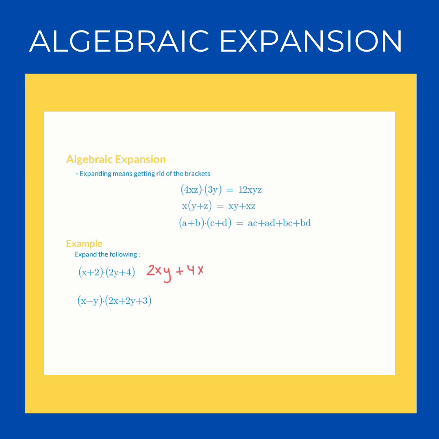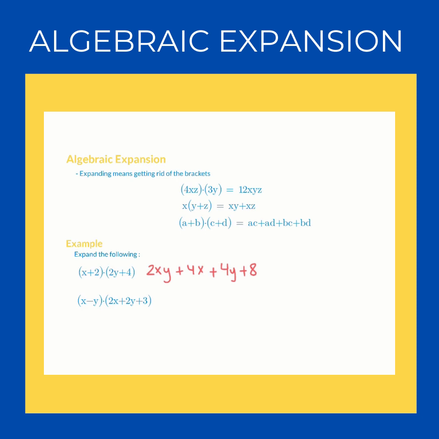Then I multiply 2 times 2y, which is 4y. And finally I multiply 2 times 4 and the answer is 8. So the final answer here is 2xy plus 4x plus 4y plus 8.